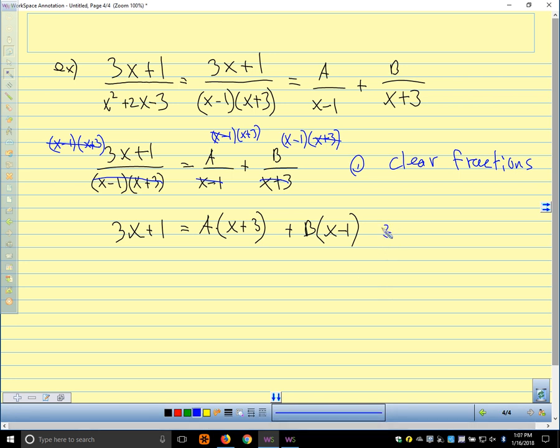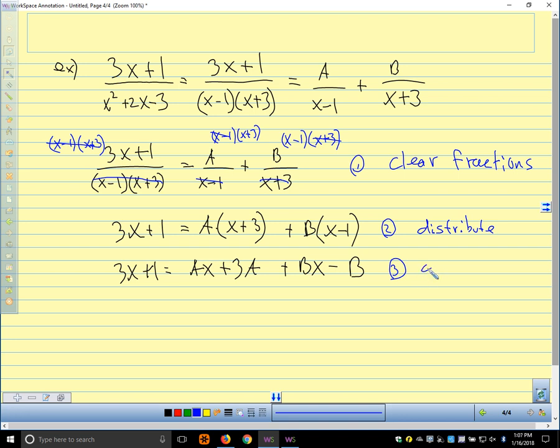Second step, distribute. So on the right, I'm going to distribute. So I get 3x + 1 equals ax + 3a + bx - b. Now, when you start doing this more, you won't do this. You'll kind of start combining steps, but I want to make everything explicit.